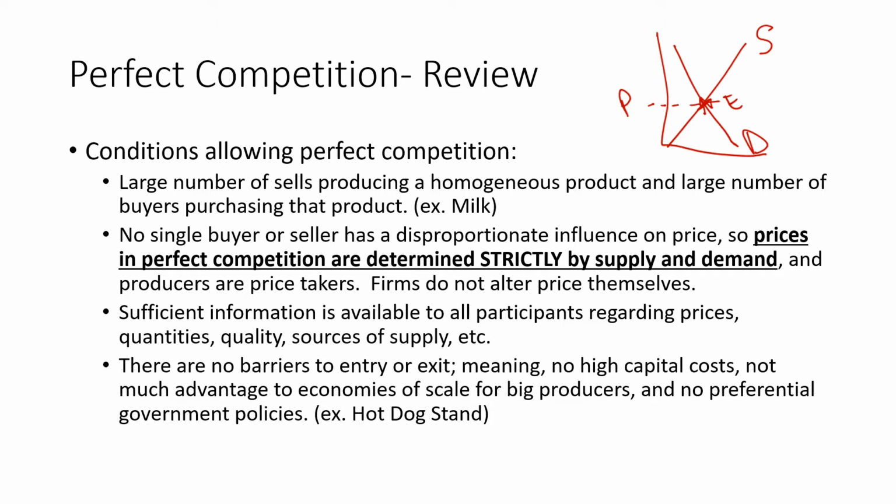The second condition is that there is no single buyer or seller that has a disproportionate influence on price. So prices in perfect competition markets are strictly determined by supply and demand.